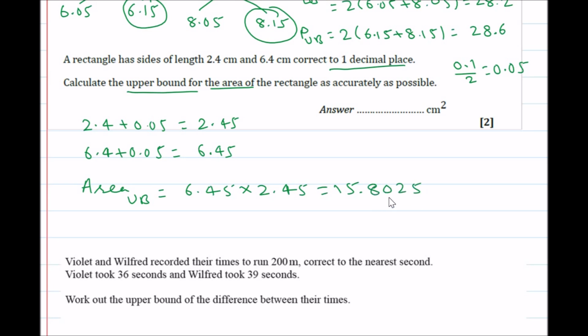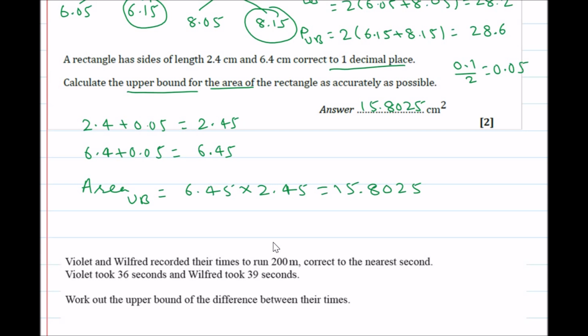This is an exact decimal, so we need to write all the digits. So we'll write here 15.8025 centimeter square.